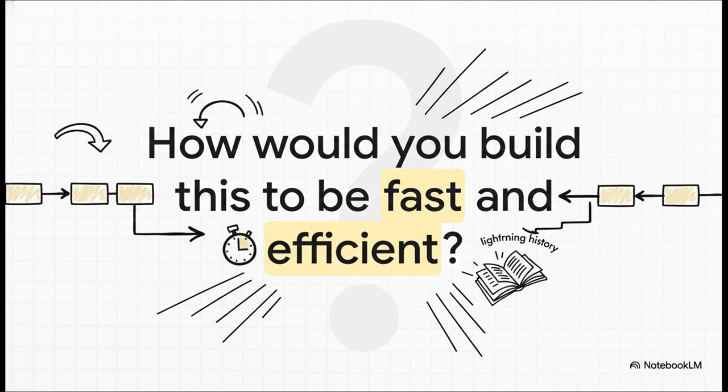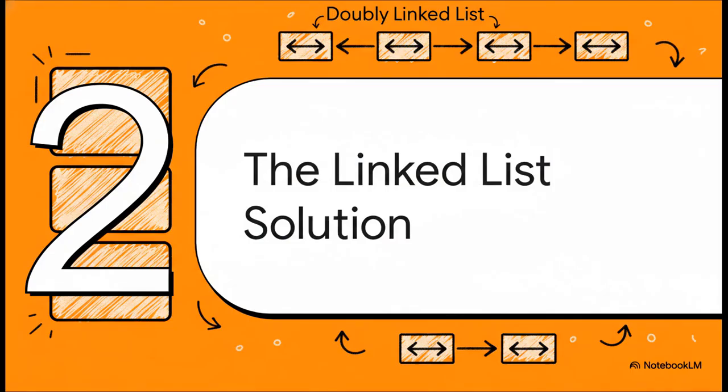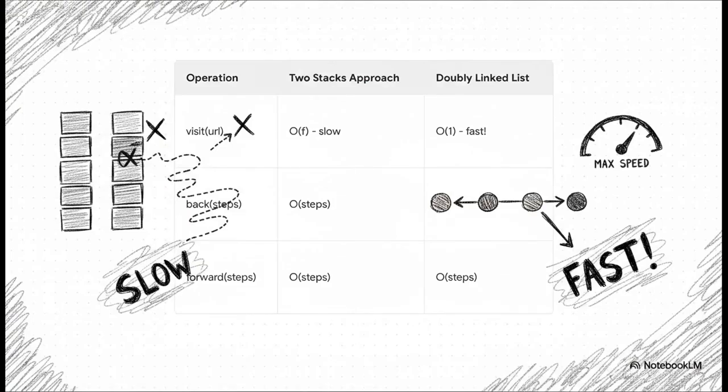You need something fast, something efficient, something that doesn't just lag out after you've visited 100 pages. Well, the answer to this whole puzzle is a really elegant data structure called the doubly linked list. And it is the perfect tool for the job. Simple, but incredibly powerful for exactly this kind of sequential data. Okay, so you could try to build this with other things, like a couple of stacks, and that kind of works.